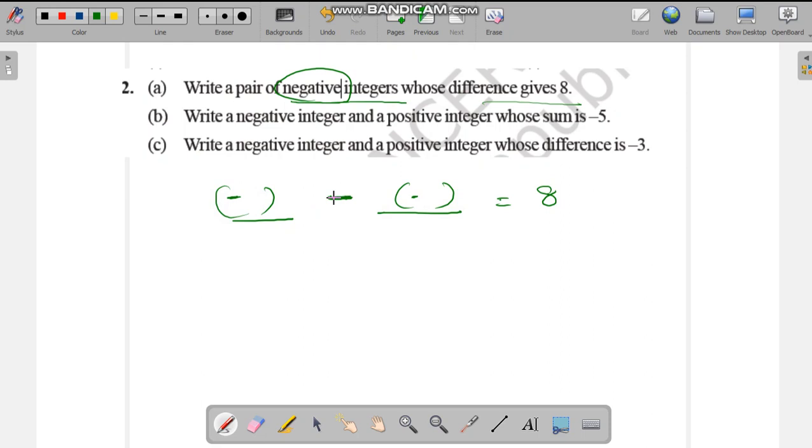When we subtract two numbers, we should get the answer as 8. So let us try with this number, -2 and -10. So that we will get -2 plus 10 is 8. Okay, so the pair of integers here is -2 and -10.